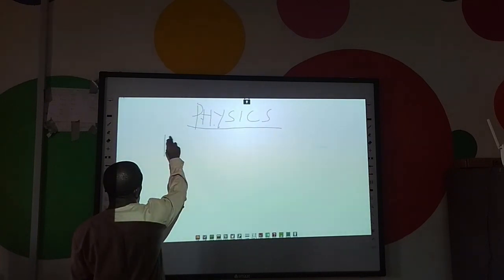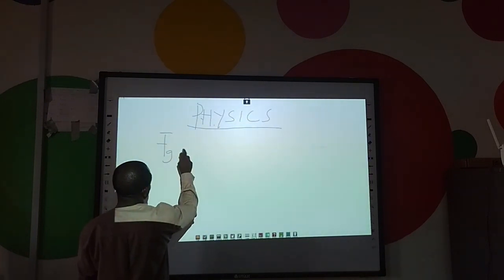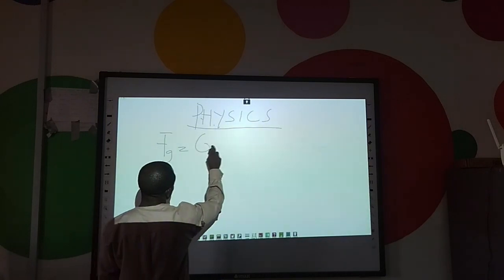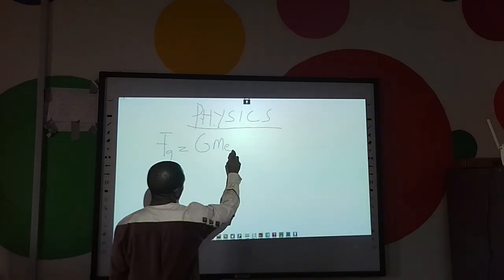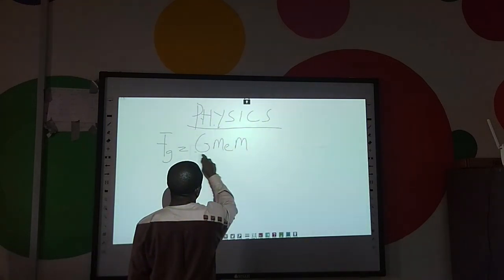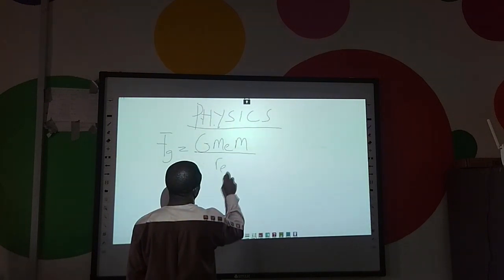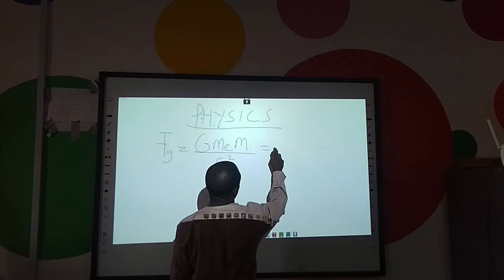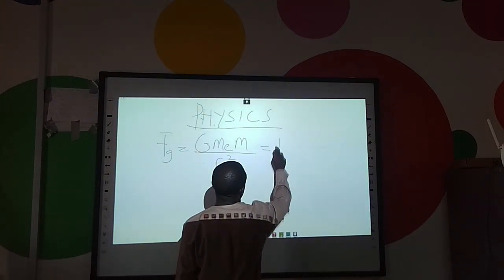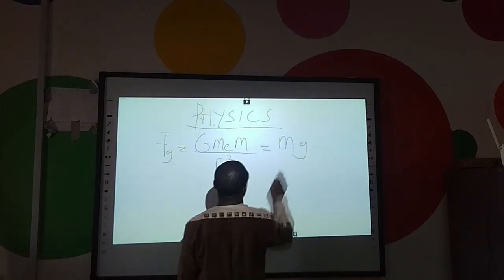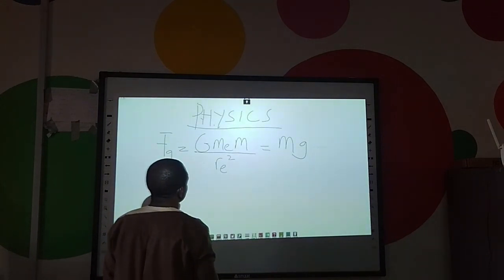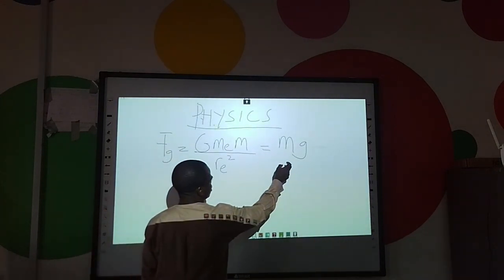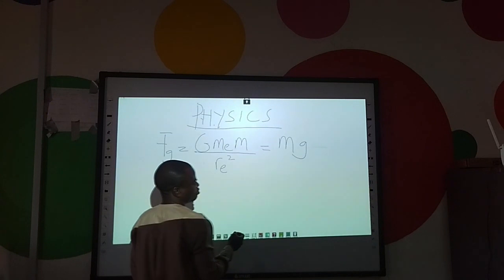We have F subscript G equals G M subscript E m over R subscript E squared, and at the same time it is equal to mg, because we deal with gravity.